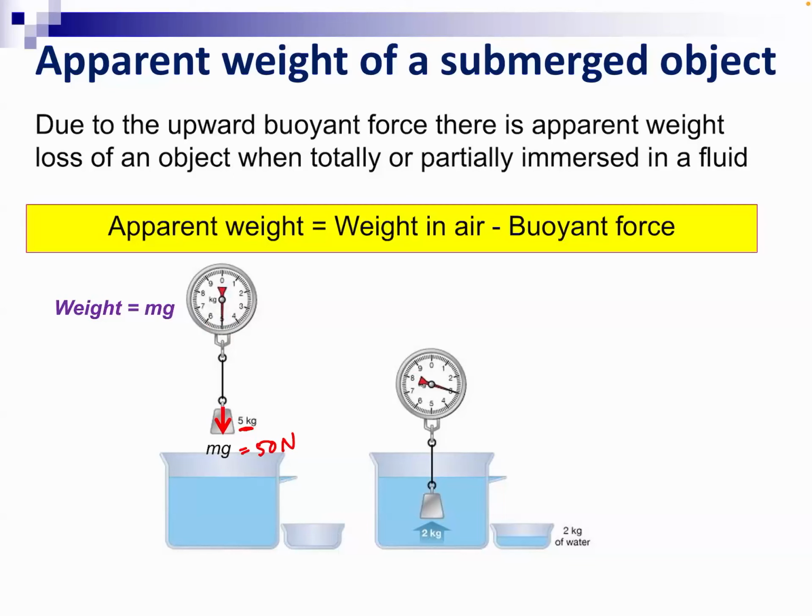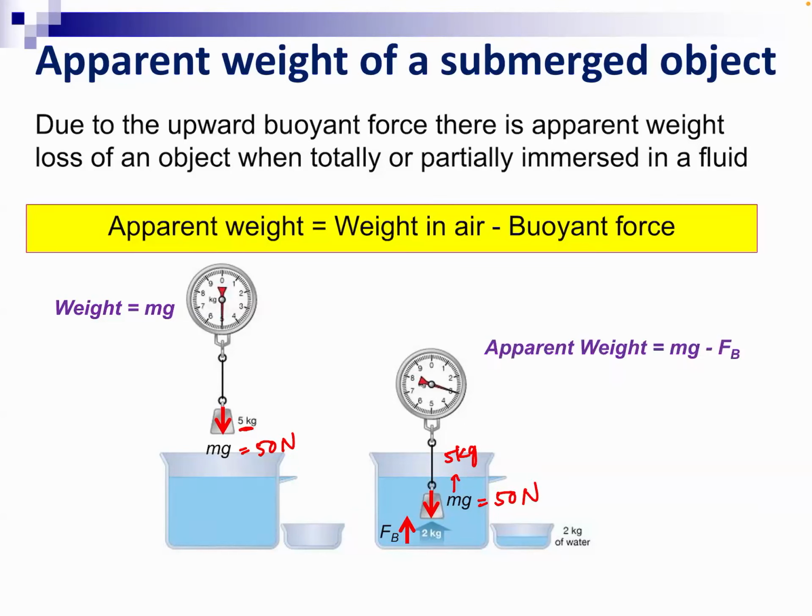Now, if you immerse the object in a fluid, of course, that object will still have the same mass, right? It's still the same 5 kilogram mass, giving you still the same amount of weight, 50 newtons. But then the object that's immersed in the fluid will also experience this buoyancy force that's always directed upwards.